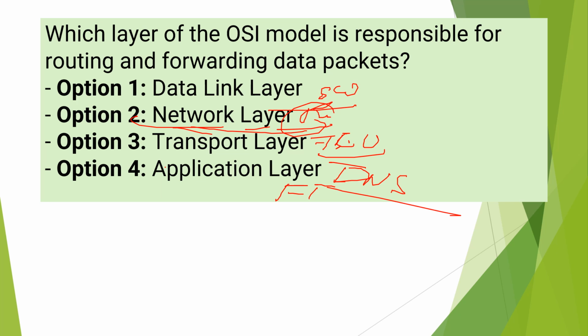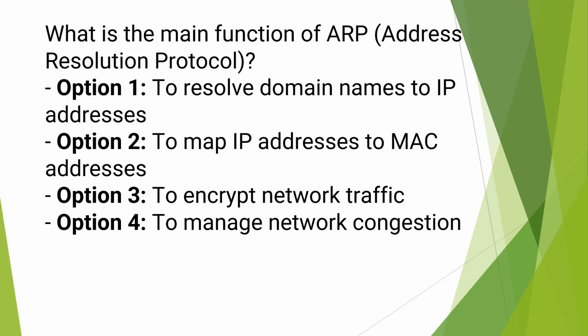Let's come to question number 3. What is the main function of the ARP protocol? ARP means Address Resolution Protocol. ARP maps the IP address to the MAC address.